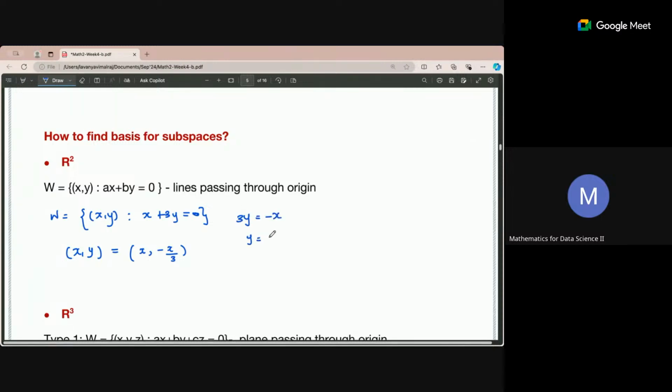So y is equal to minus x by 3, right? So you have (x, y) is equal to (x, minus x by 3). So now if you take x commonly, what is the vector you are having? 1 comma minus 1 by 3. So you can say that the basis for W is (1, minus 1/3).